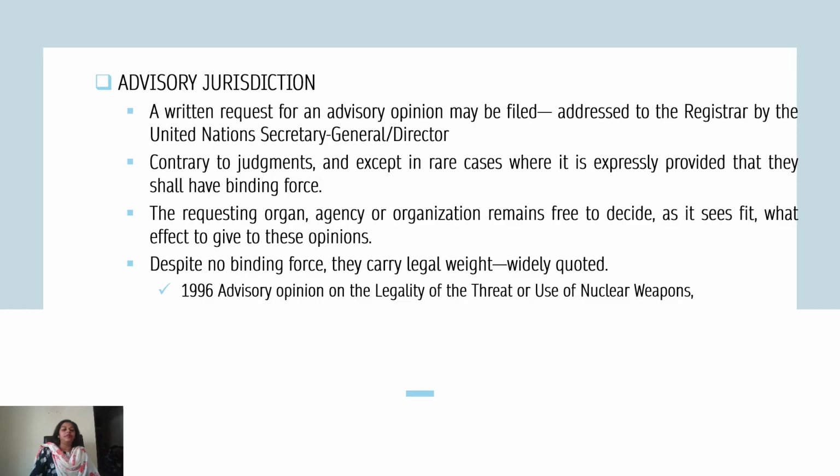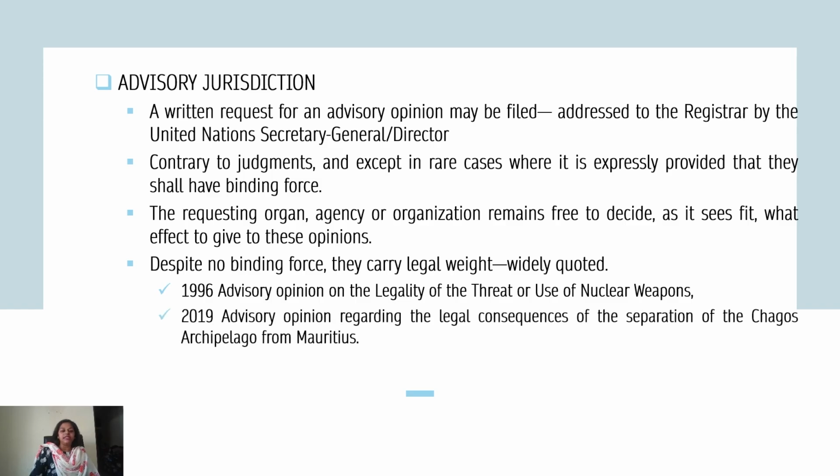Another example is the 2019 advisory opinion of the court, regarding the legal consequences of the separation of the Chagos Archipelago from Mauritius. Again, this is a widely quoted, celebrated advisory opinion of the court.